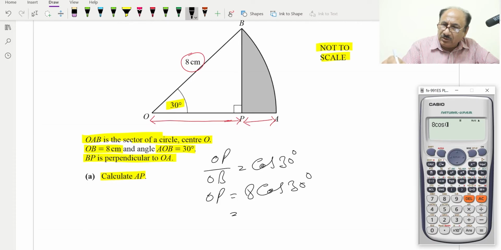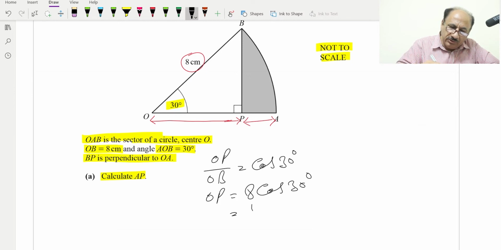8 cos of 30 degree will be equal to 4 under root 3, so 4 under root 3 is OP. So this one is 4 under root 3. So 8 minus 4 under root 3 will be AP.